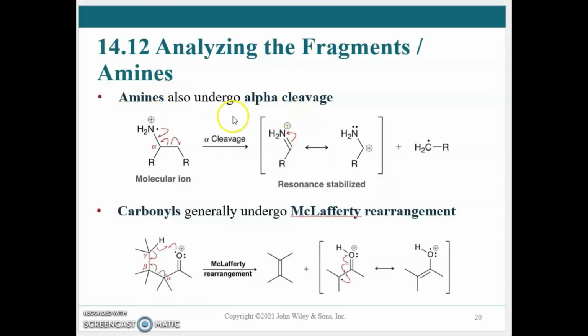Now, amines will behave very much like the alcohols because of the unshared pair of electrons on nitrogen. The alpha cleavage reaction rearrangement is very common, and you should expect to see fragments corresponding to these cations.